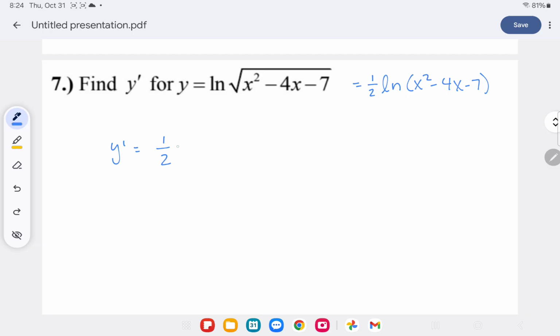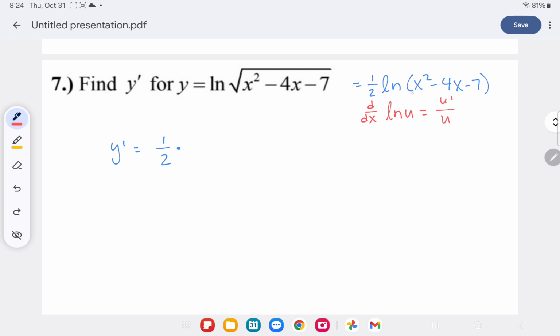So I'm going to keep that 1/2 in front. And then all I have to do is take the derivative of ln of x squared minus 4x minus 7. And the rule for taking the derivative of ln of u is u prime over u.